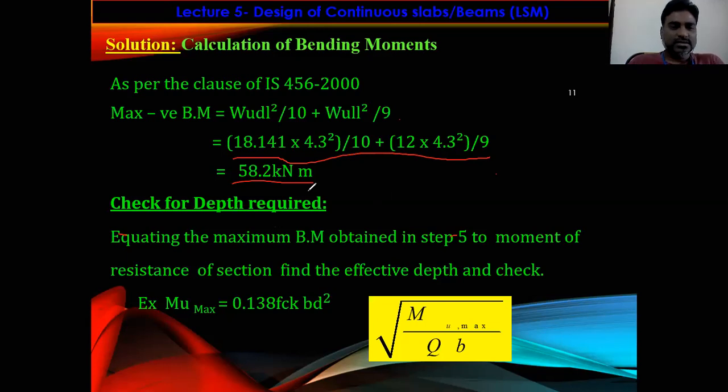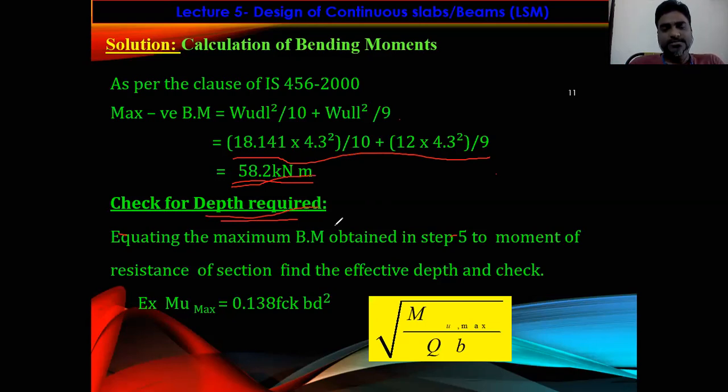And to resist this much bending moment, what is the depth required? That you need to check, and this should be checked corresponding to Mu limit, that is the bending moment corresponding to the balanced section. That can be determined based upon the depth of neutral axis, the maximum limiting depth of neutral axis, that is Xu max.